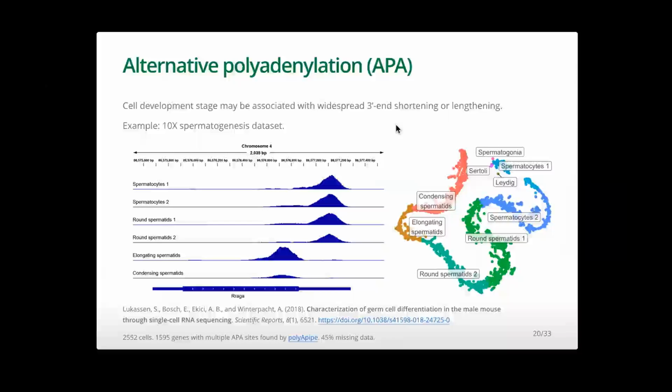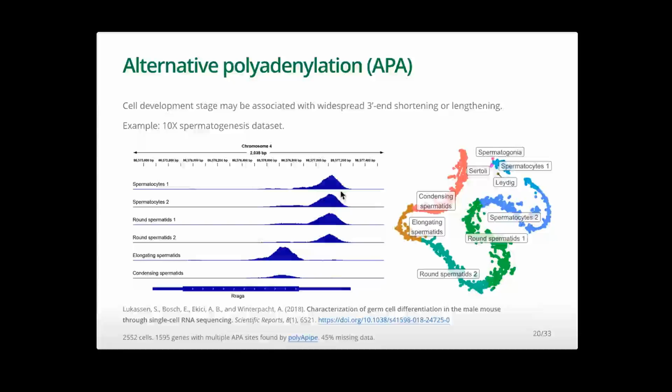And then if we look at depth of coverage of reads over this development course, for some reads we see, say, a switch from a longer transcript to a shorter transcript. So the actual cleavage and adenylation site is probably a little bit to the right of these peaks.